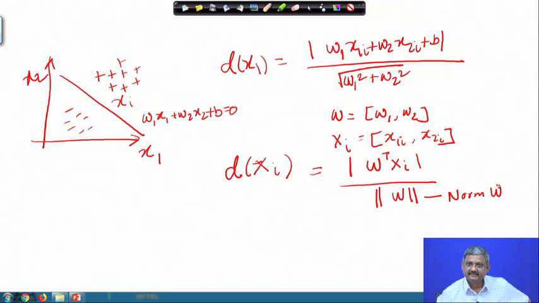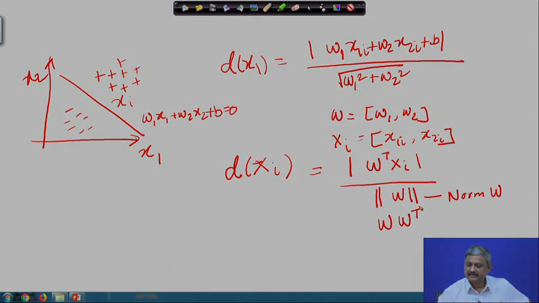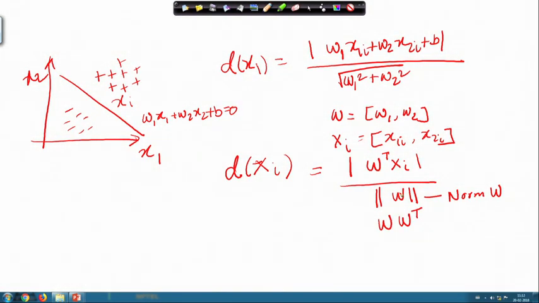In fact, you can write it in a slightly different form also. If you take the W vector and multiply by its own transpose, then you get norm of W square, right. Anyway, sorry, I missed one thing, I missed the b here, please do not make this mistake.